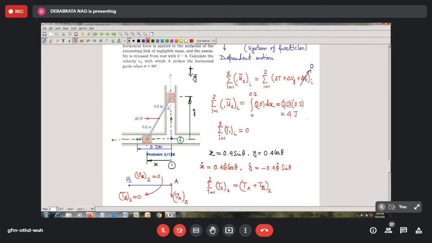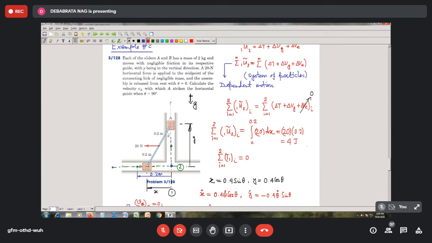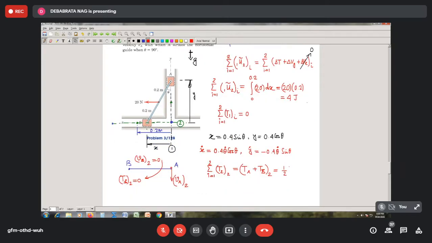So it means that I have only the term, the kinetic energy that is due to this velocity. So I say that this is basically equal to half into, what was the mass for each block? The mass was 2 kg. Yes. So it is half into 2 into VA2 squared.